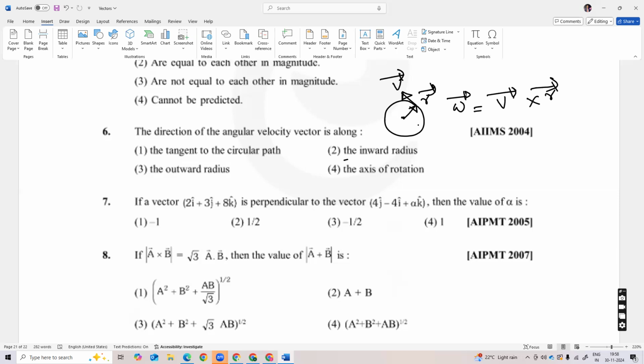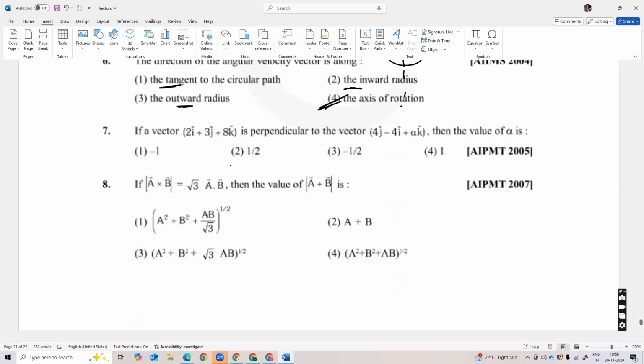So it cannot be any of the first three options, as they are in the plane of the radius or velocity vector. Since this omega is perpendicular to both v and r, it should be along the axis of rotation.